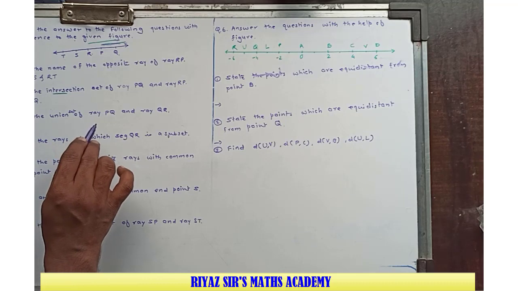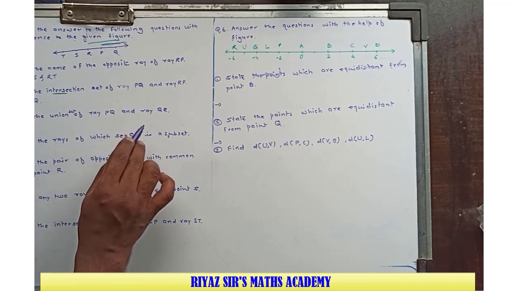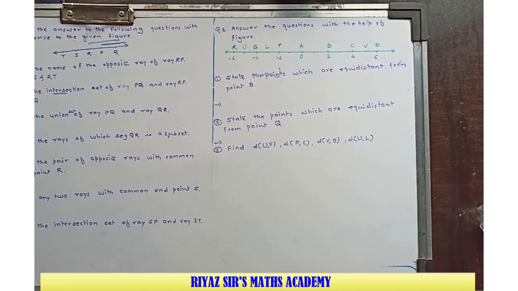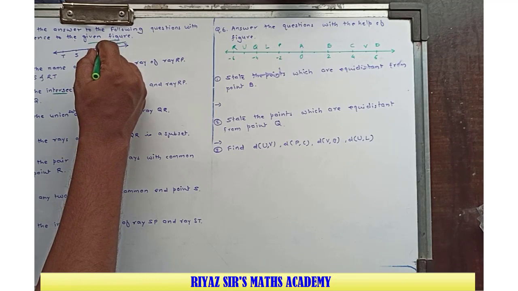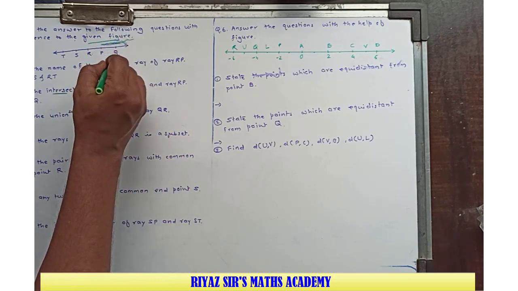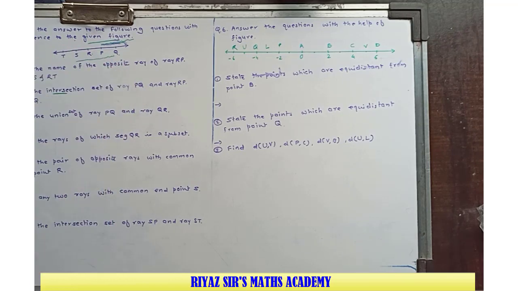The union set of ray PQ and ray QR. Ray PQ means from here to here. This is our ray PQ, right? And ray QR. QR means from here, QR in this direction. और उसका क्या लेना है हमें? Union लेना है. So in union we consider all those elements which are present in set A, in B or in both, right?